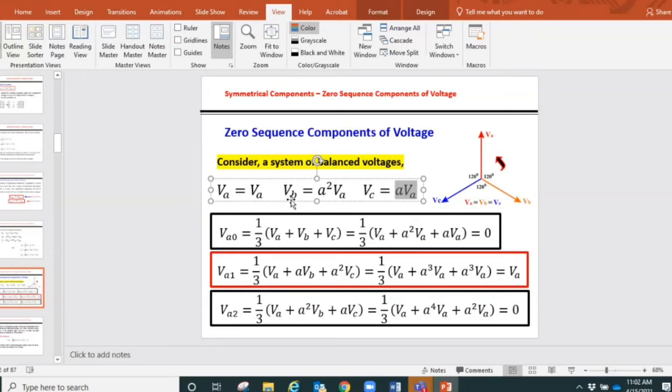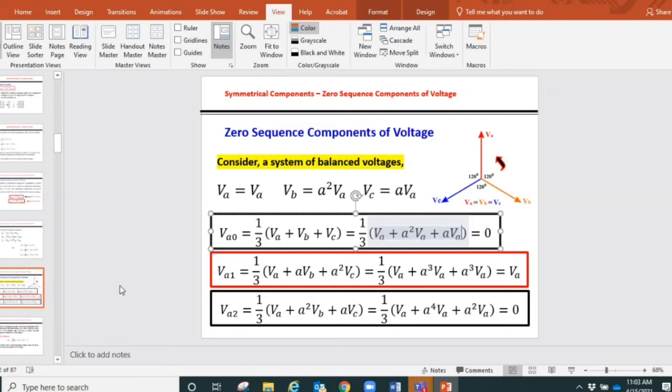Now I go to those equations of sequence component voltages VA0, VA1 and VA2. We have those equations derived, so VA0 is equal to 1/3 times the summation of all three phase voltages VA, VB, VC. If we replace VA with VA, VB with a squared VA, and VC with a VA, and take VA out as a common factor outside the bracket, we'll find it's 1 plus a squared plus a.